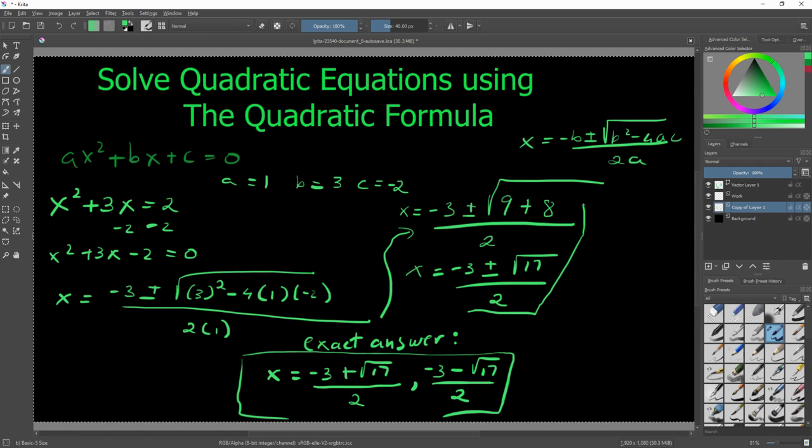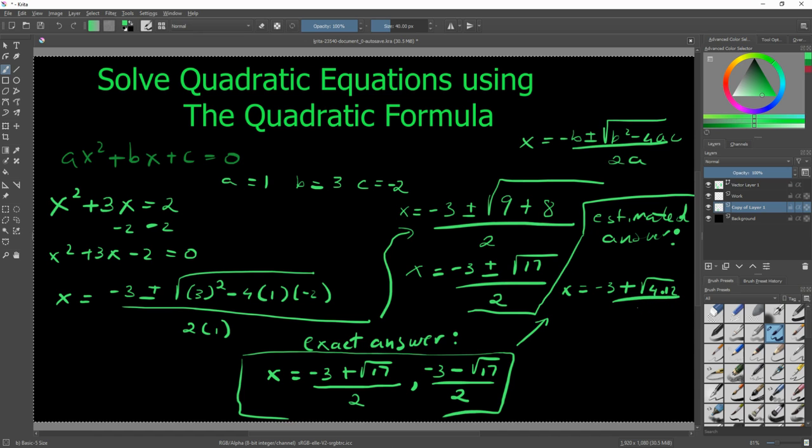Now, they might want you guys to find the estimated answer. Estimated answer means you just put it into decimal form, okay? So you put this into the calculator. So you get x is equal to negative 3 plus radical 17, which comes out to be like 4.12 rounded.